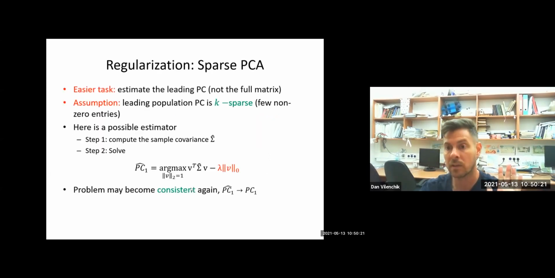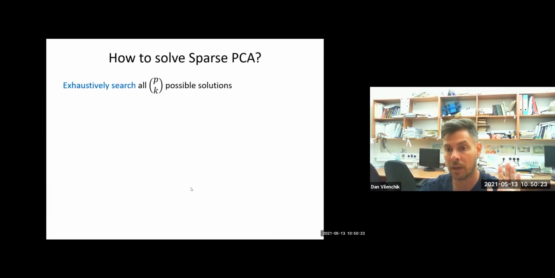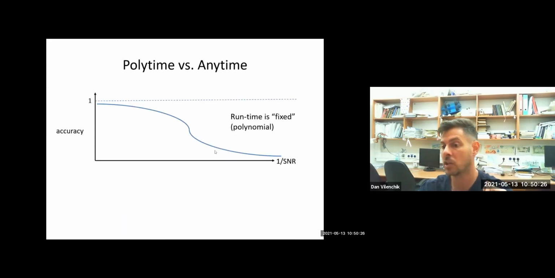So this leads us to this illustration. It's all about the signal to noise ratio. When the SNR is very large, we get accuracy with polynomial time algorithms, and in some cases even with naive PCA. You don't even need to do a relaxation. You just solve PCA, and it gives you the right solution in high SNR.